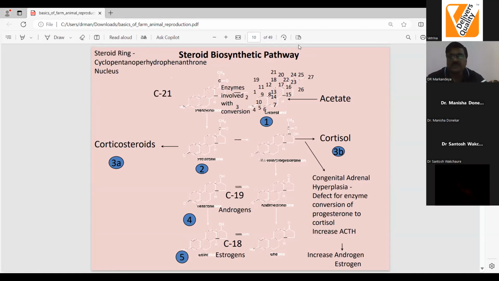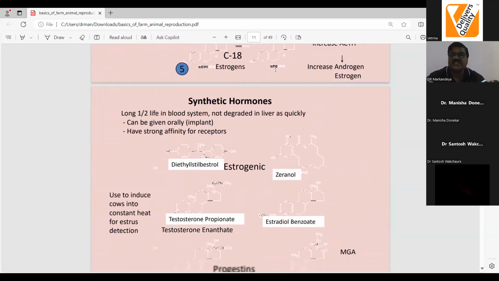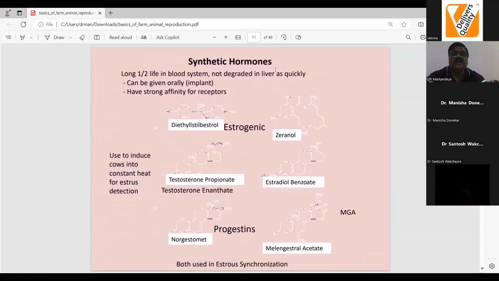We have to discuss a little more, and here you will find that there are synthetic hormones also. These synthetic hormones are more potent than natural ones. Their half-life is also longer in the blood, and therefore such synthetic preparations are used clinically.